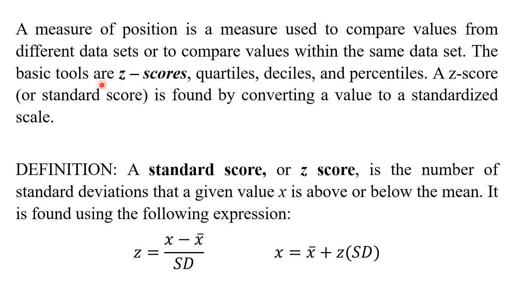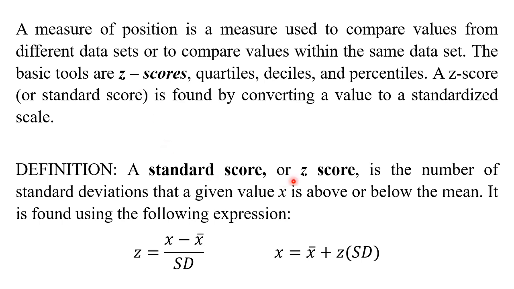The basic tools are the following: the z-scores, quartiles, deciles, and percentiles. But we are using the z-score, sometimes called a standard score, found by converting a value to a standardized scale, because we want to standardize the result, class, so we need to convert them into a standard score called the z-score.